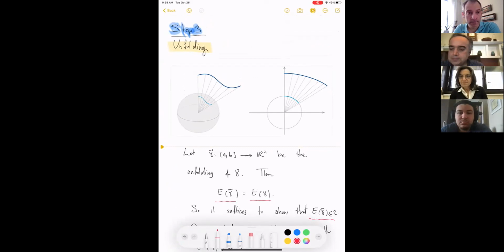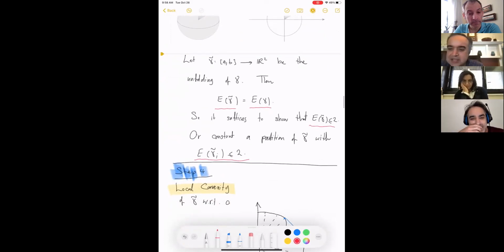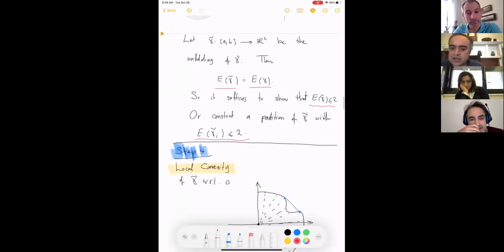If it doesn't close up, obviously it's not reduced to a point. It has to be something. Yes. So the constraint is actually mentioned in step 4. The constraint is its local convexity. And that's it? Yes, exactly. I'm going to reduce the whole problem just to a planar problem.